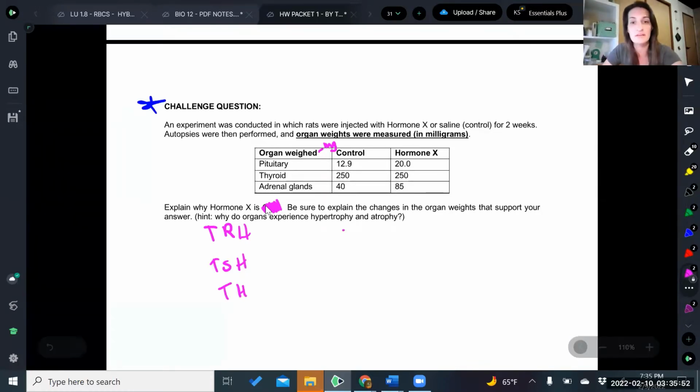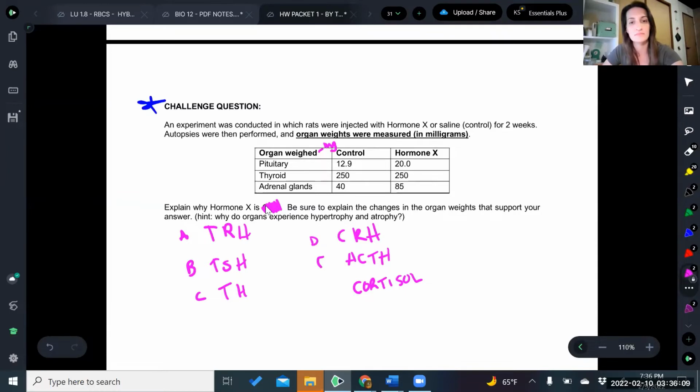Is it CRH, ACTH, cortisol? It's just some examples. So these might be your choices. I might reframe the question in that way.